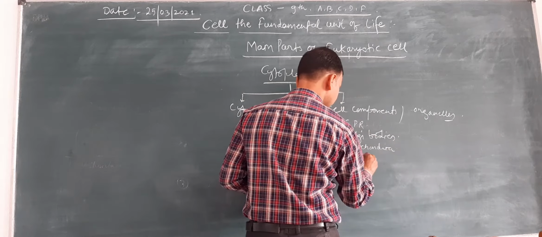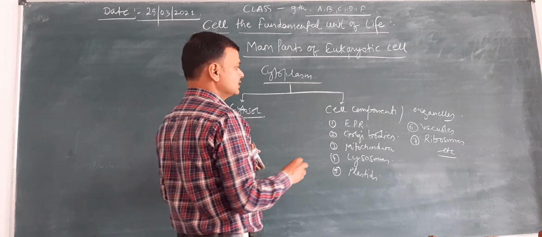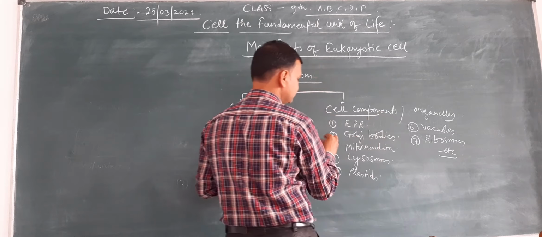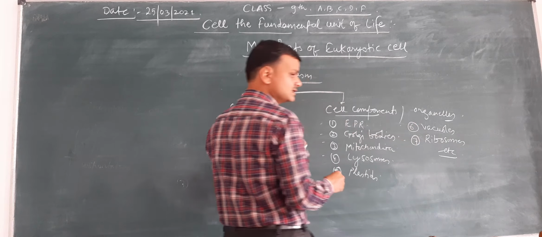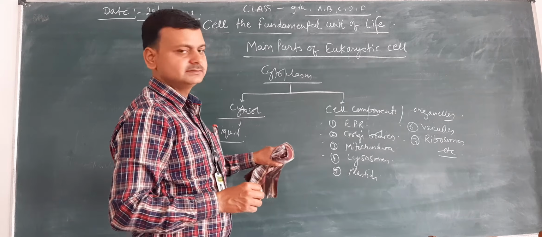And then there are proteins synthesized inside in the form of ribosomes, etc. So this is the total composition of the cell cytoplasm. Cytosol is the viscous liquid, and the organelles are the cell components. Names are here: 1, 2, 3, 4, 5, 6, and 7. Here are some of the examples. This is all for today. Thank you.